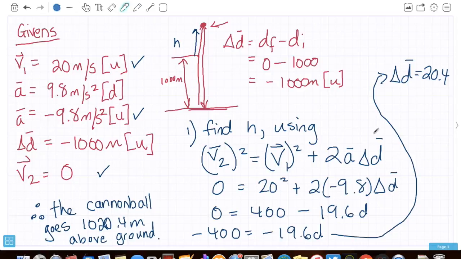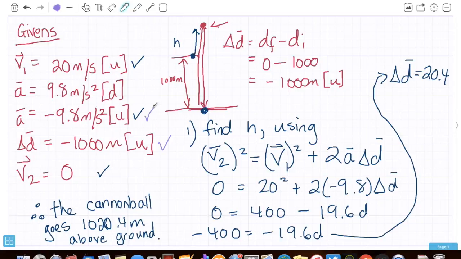Now for part 2, we look at how long it takes to get from here to here. So that means that we're going to have to use an equation that involves delta t. So for part 2, we are interested in this value because we start here and we end up here.